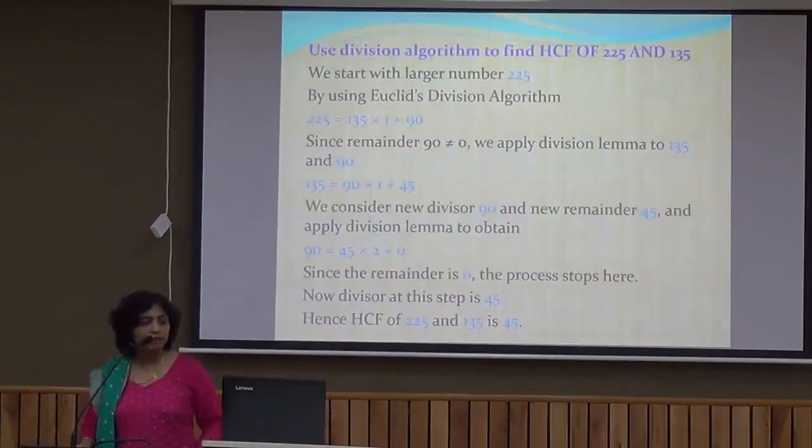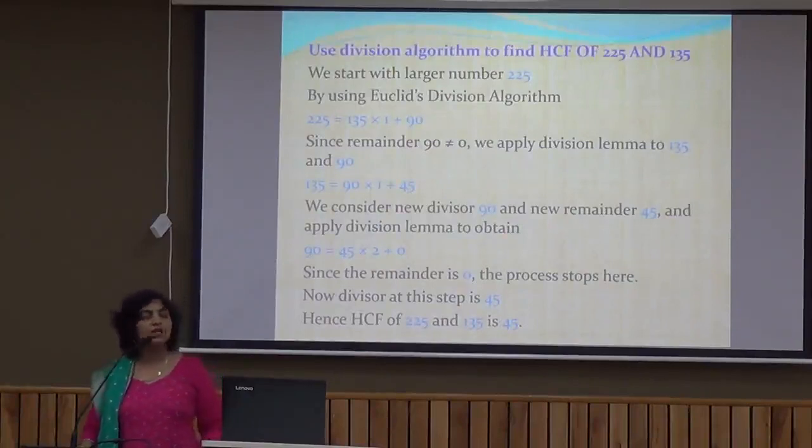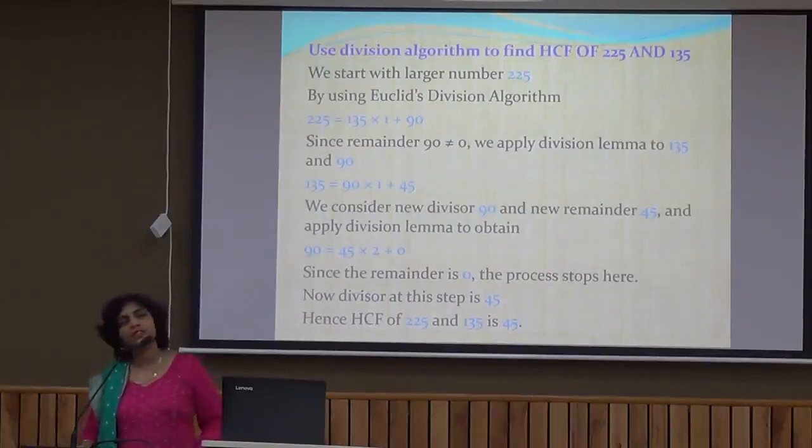Let's take an example. We are finding the HCF of 225 and 135 using our division algorithm. 225 is the larger number, so we take 225 as C and D as 135. When we divide 225 by 135, we get 225 as 135 into 1 plus 90.